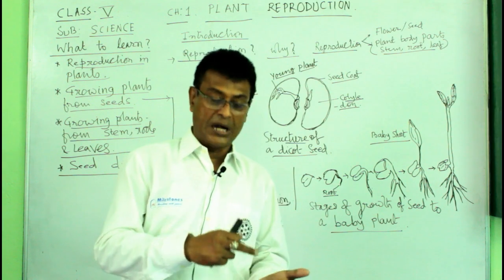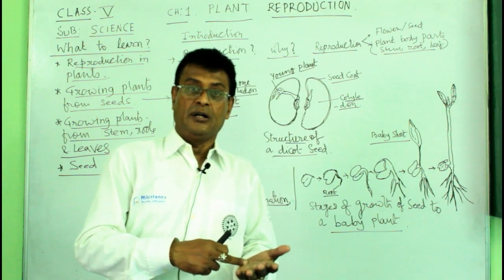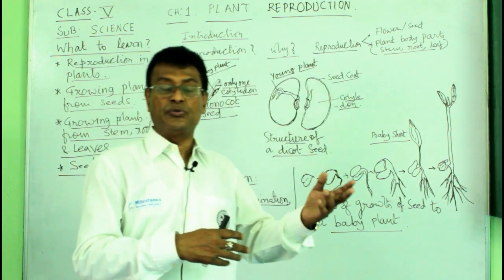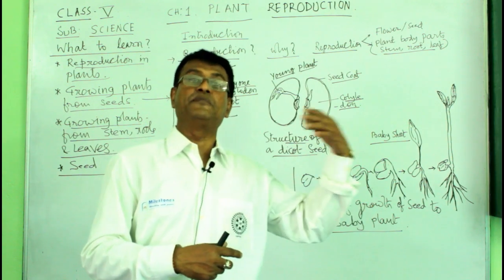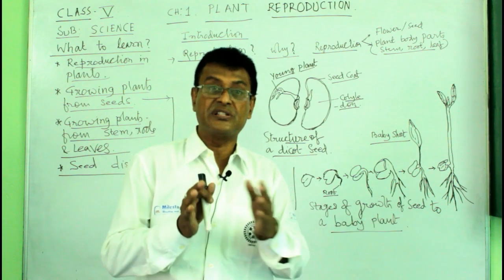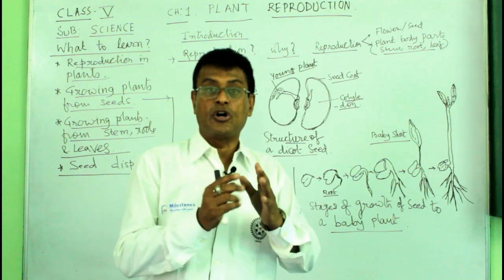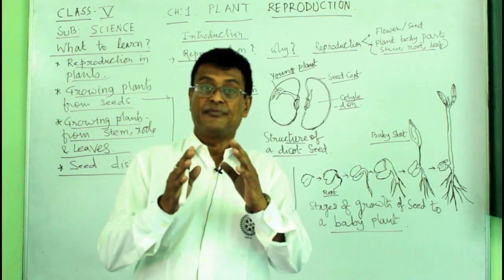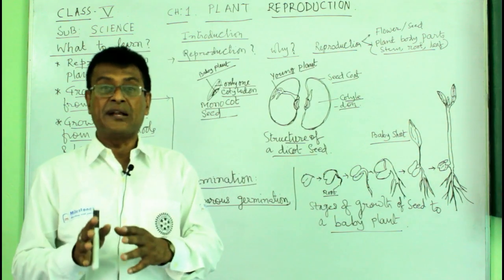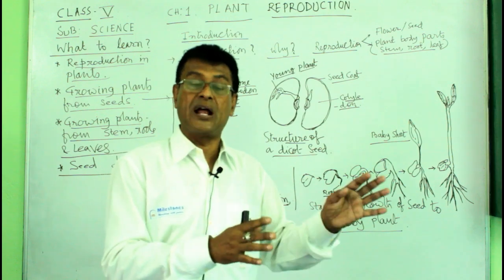Like that, one plant gives another plant through the seeds, and that plant again gives some other plants from the seeds. So this is how the continuation of life goes on. It is the same in animals as well as in plants.